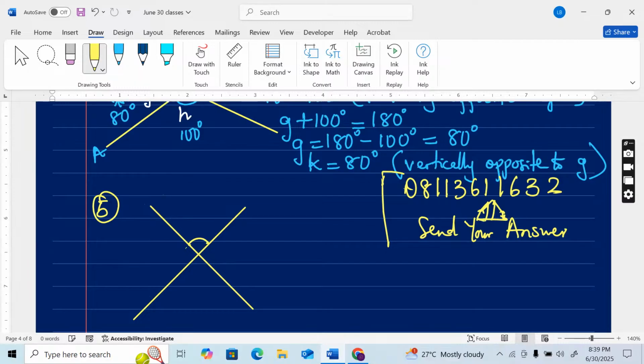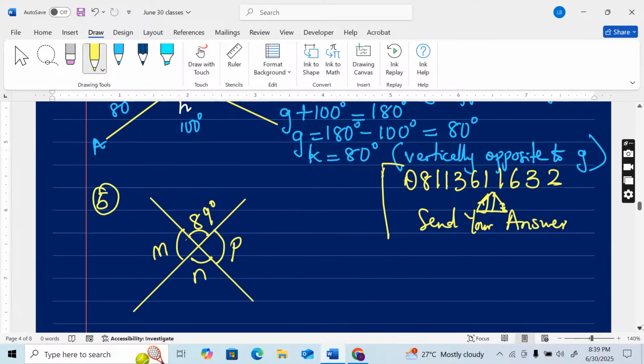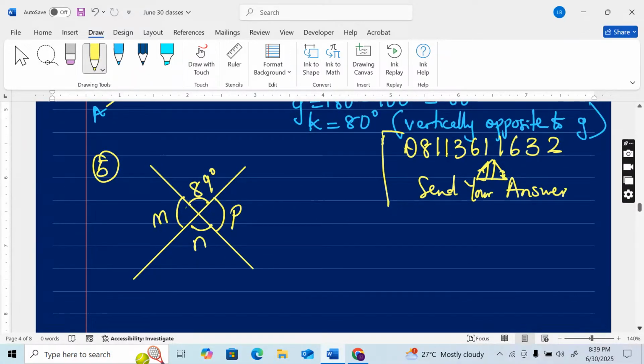Right here, I have 89 degrees, here I have M, here I have N, and here I have P. How do I get my angle M? M and 89 degrees are on a straight line, so M plus 89 degrees is equal to 180 degrees.